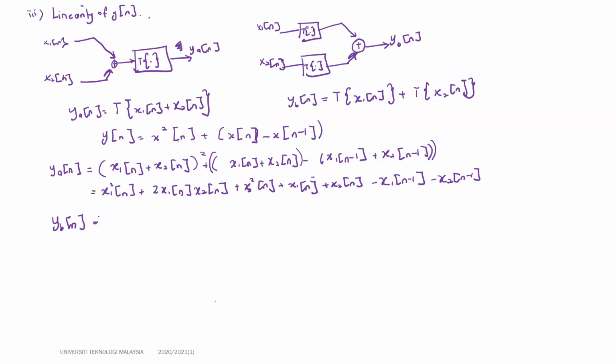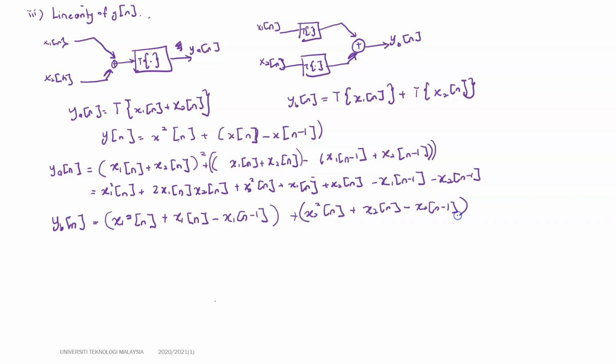It means that ybn is equal to x1 squared n, because we perform the operation first, plus x1n minus x1 n minus 1, and then only we add for input x2n, which is x2 squared n plus x2n minus x2 n minus 1.